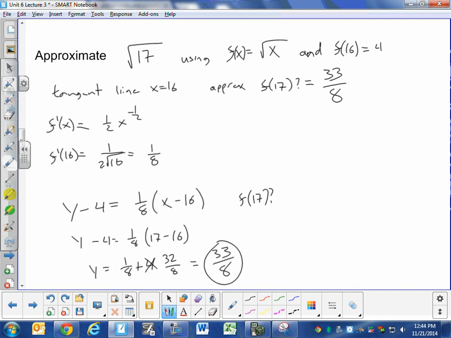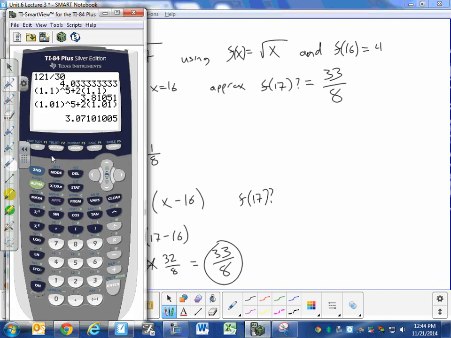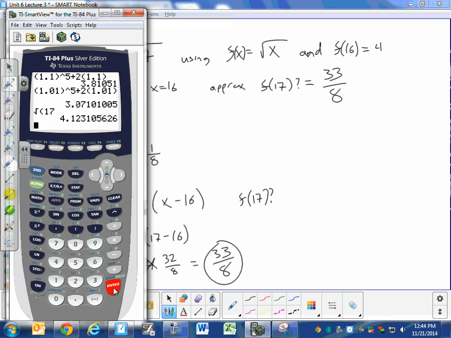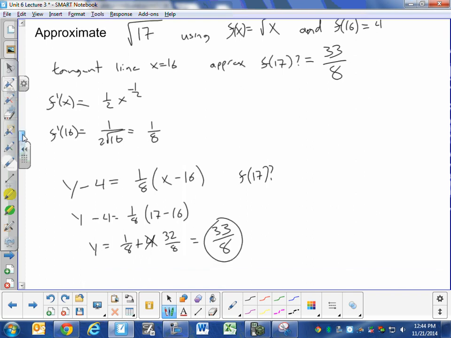So 4.125. Well, let's see. Square root of 17, 4.125, 4.123 is the actual answer. You know, accurate to the 100th decimal place. Not bad. Decent.